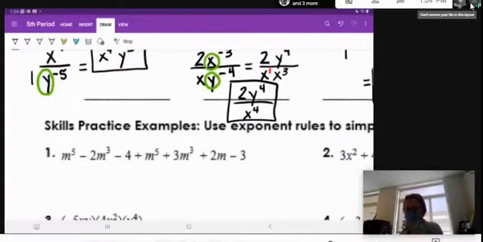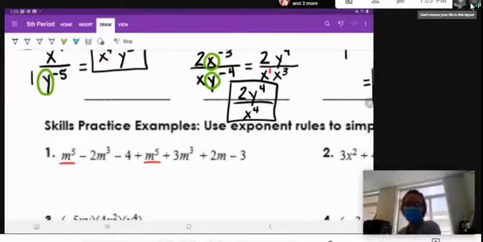So let's get started. Our first odd numbered problem has a lot of pluses and minuses in it. This is a problem where we're adding and subtracting our terms together. So our rule is combine like terms. And in order to do that, our bases and our exponents have to be exactly the same.